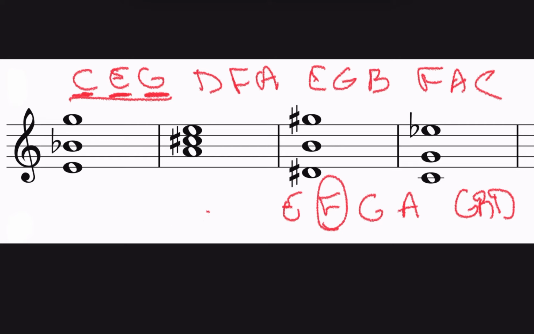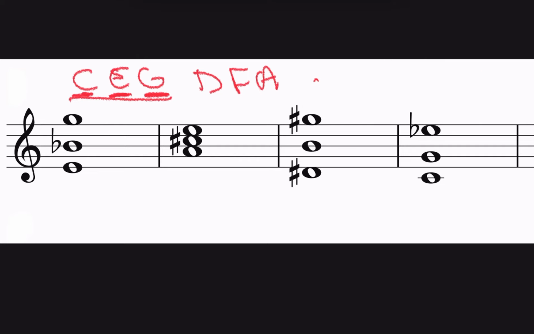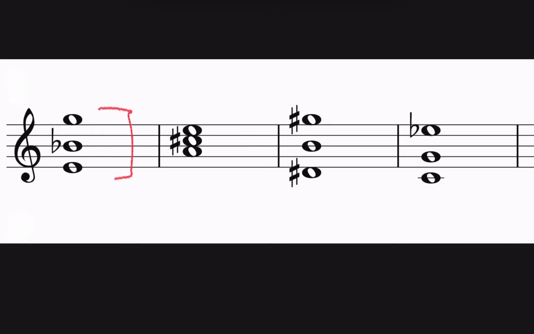And let's look at the notation here, and we can at least figure out what the root of each of these chords will be, okay? The first one here, from low to high, the low note there is an E, the middle note is a B flat, and the top note is a G. So arrange these notes into ascending thirds. If you do that, just look at the letter names.